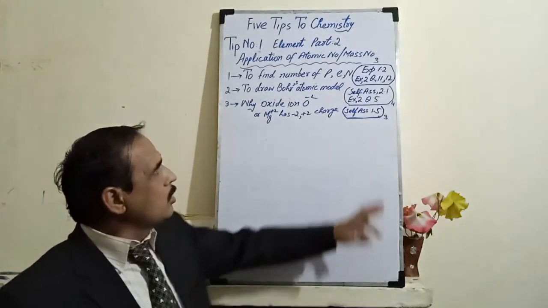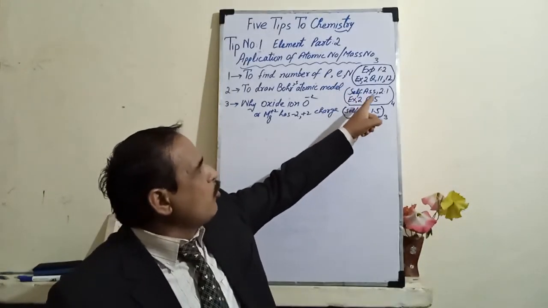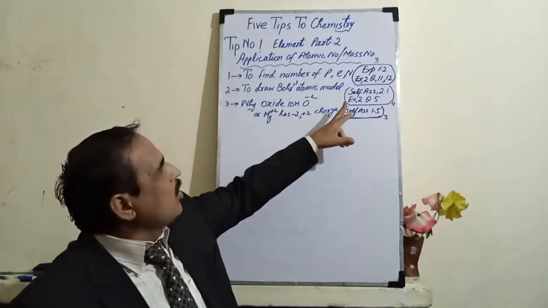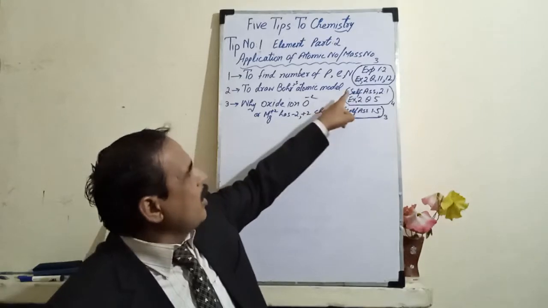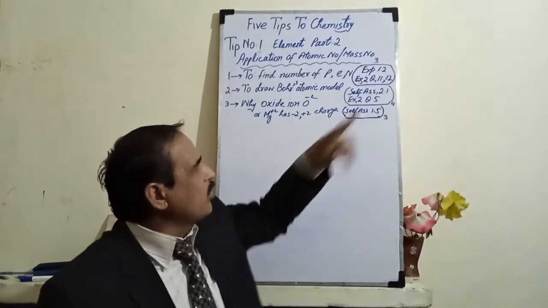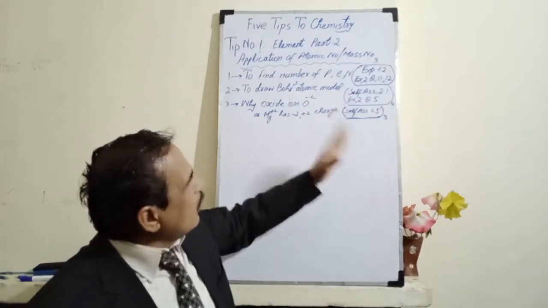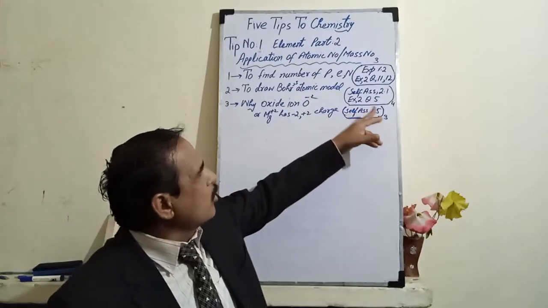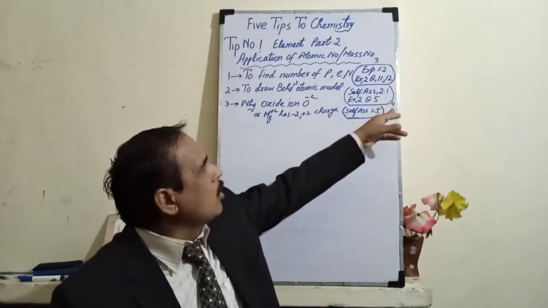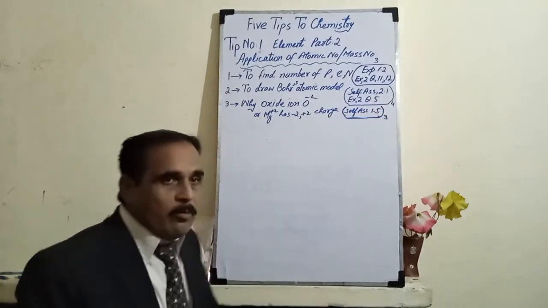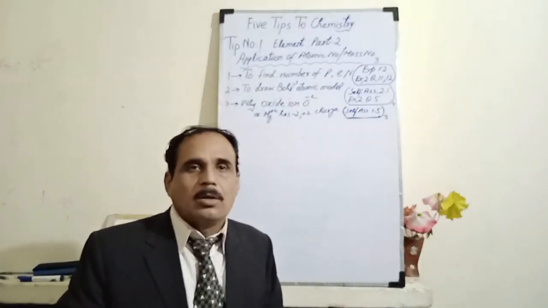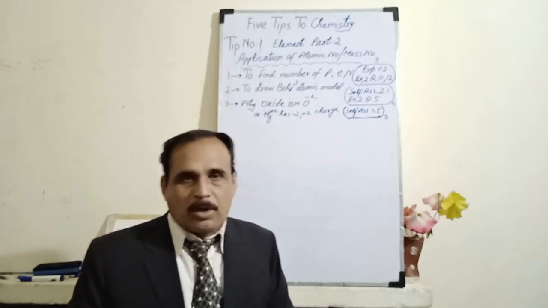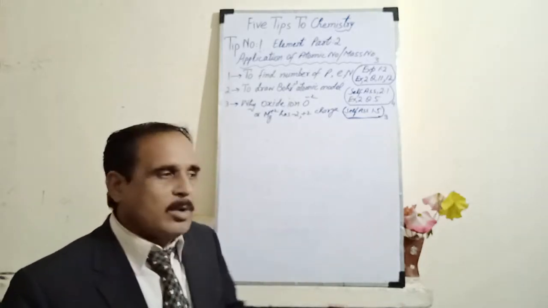Class 9th, self-assessment 2.1, exercise question number 5. In self-assessment 2.1, there are 3 questions and one question is exercise 2, question number 5. So in whole there are 4 questions. How will you draw both atomic model if you know atomic number and mass number of an element?